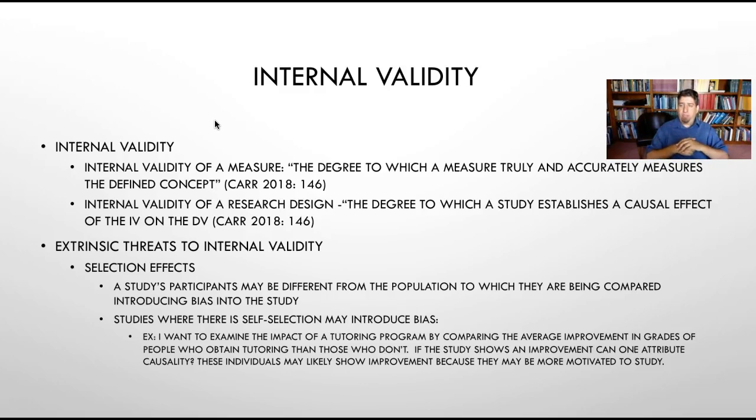Those people who decide to obtain tutoring may be more motivated, may be better students in general, and thus can we say that the improvements observed are really due to the tutoring program or to the fact that these people were more likely to actually spend the time, study, and learn, and were more motivated to begin with? That's an issue with selection effects, and sometimes that can be injected into the design of a study.